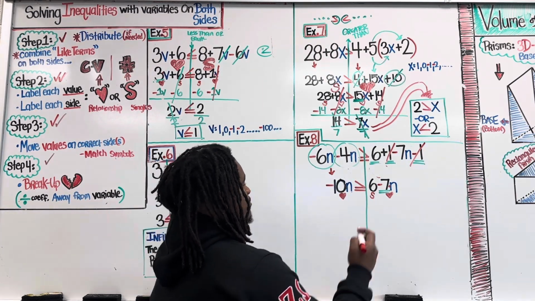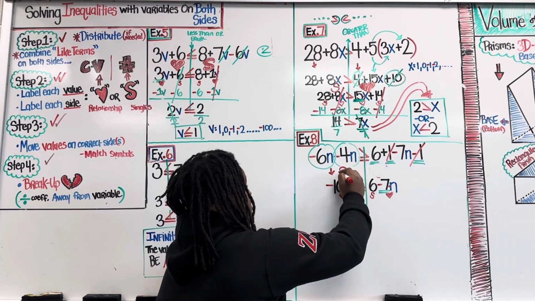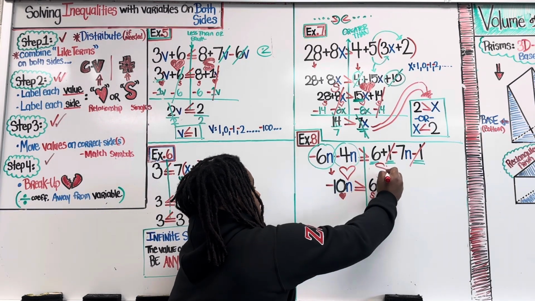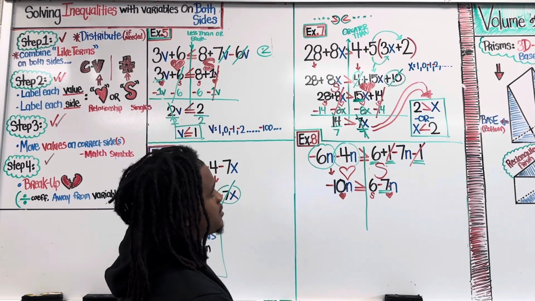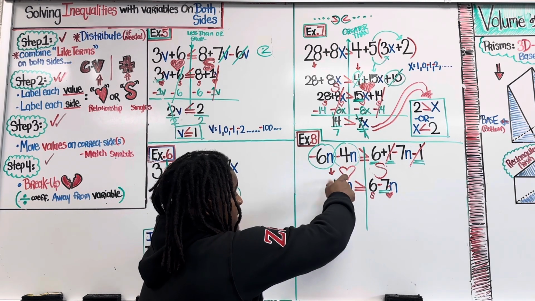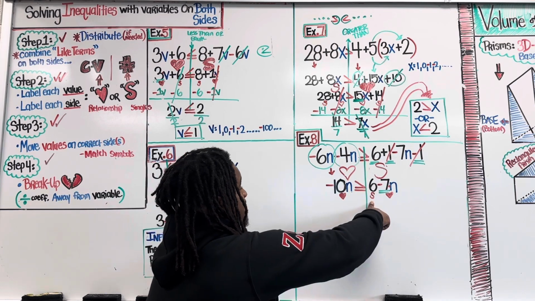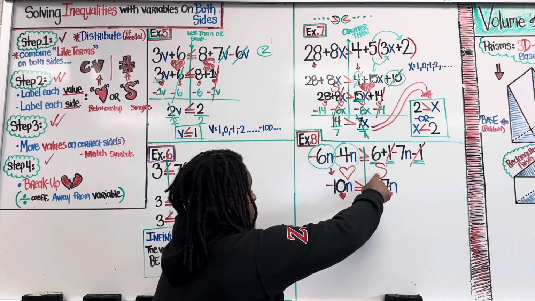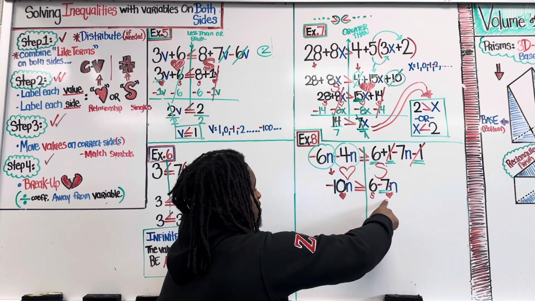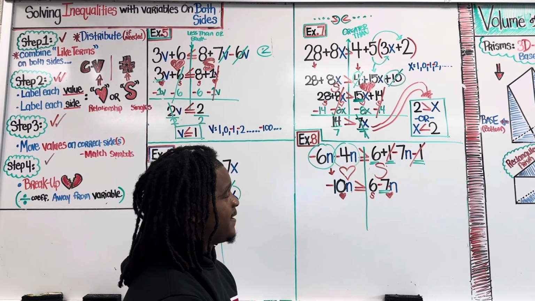You just automatically say that this side is gonna be the relationship side, and this side is gonna be the single side. Let's just do that, all right? So negative 10 and n are both in the relationship, and they're on the relationship side. They're good, all right? 6 is on the single side. They're good. But negative 7n is in a relationship and it's on the single side, right?